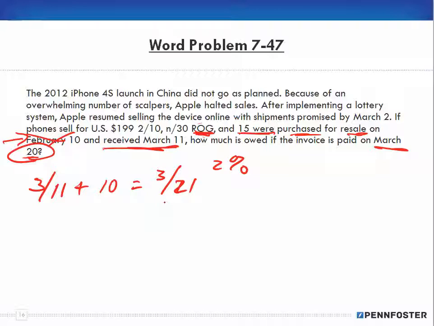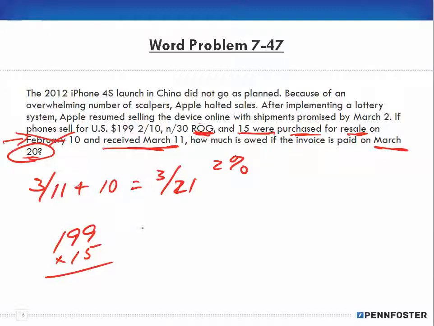Right? Now, I need to know what my total amount is. So they're selling for $199, and 15 were purchased. So 199 times 15, right? Actually, in my head, the way I'm going to do this is I'm going to say 200 times 15.